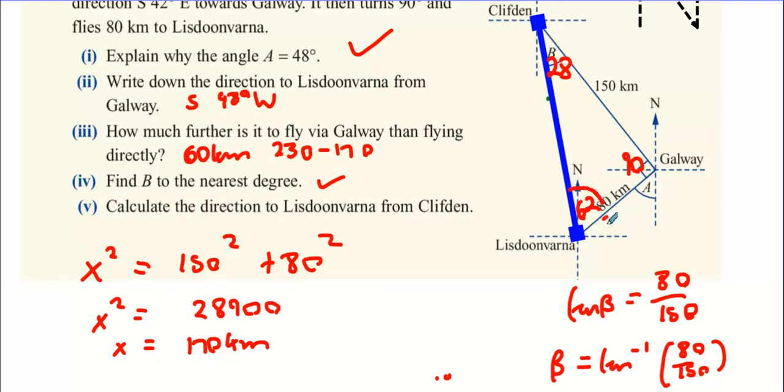That's 62 degrees right there. Okay. Now, I suppose this is a tricky one altogether. Lads, this is a really tricky one. Alright, fair play to you. This is a tough one, alright?